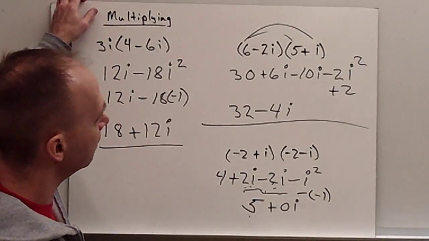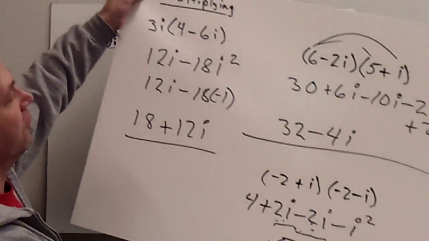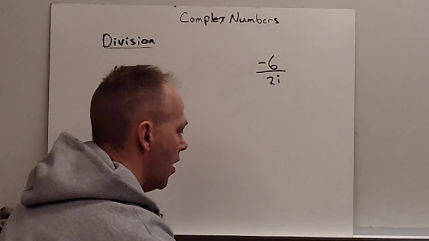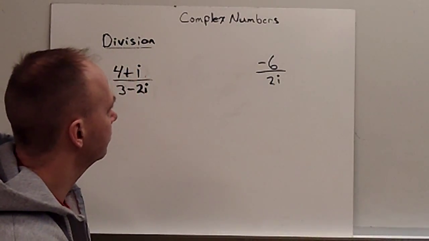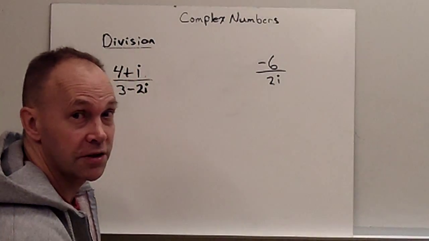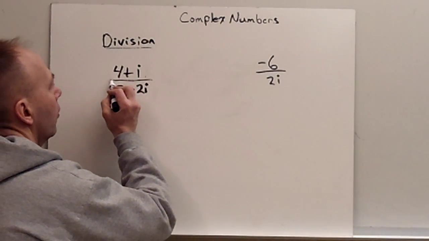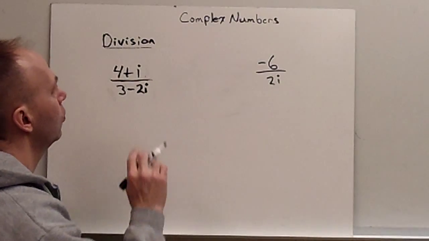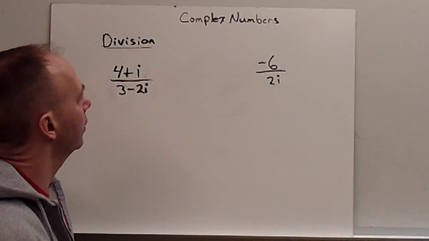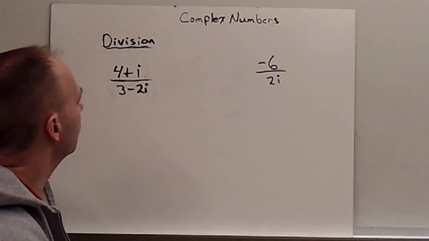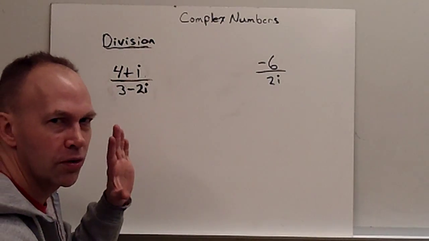Well, that's something, the idea of conjugates of complex numbers, or complex conjugates. We're going to use that to allow us to do, quote, division. And I say quote because we don't actually do division.